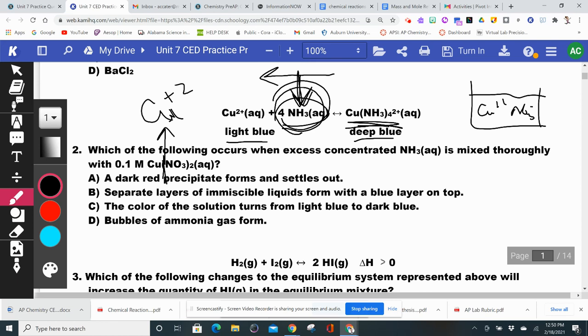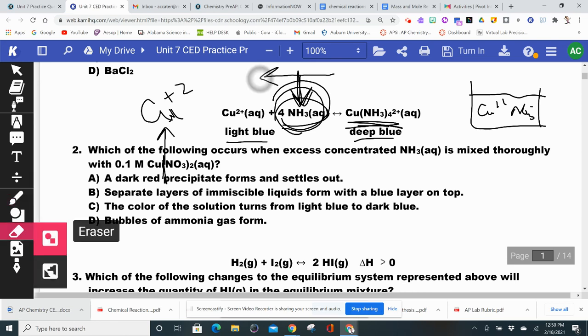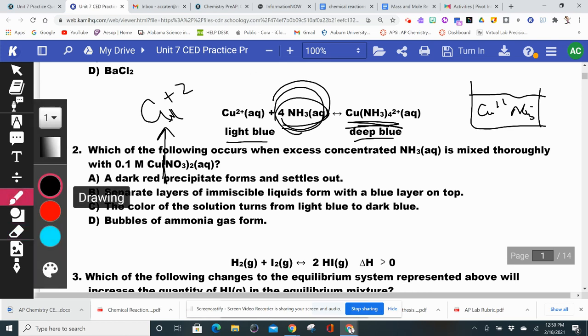No, the other way around. Right, yeah, okay. Yeah, it helps sometimes to draw it out. So if we add more of this, we're going to go in this direction. So if we're going to the right, what's our solution going to look like visually? What color is it going to turn? Darker. Dark blue. Yeah, it's going to turn dark blue.